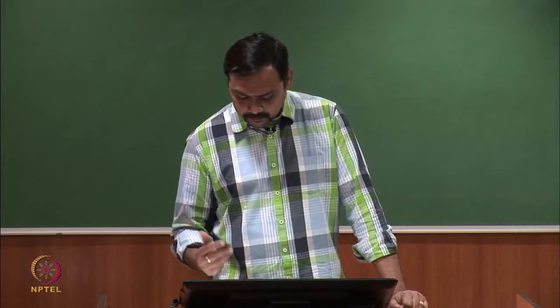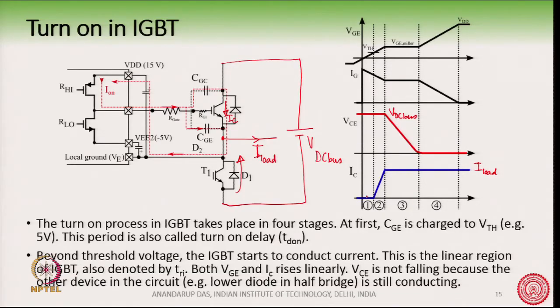Why? Because the loss across the IGBT is VCE times IC. Okay. So, there is a VCE voltage here, there was very little loss before because IC was 0, but now here there is a VCE equal to VDC bus, and then there is a current rising here.